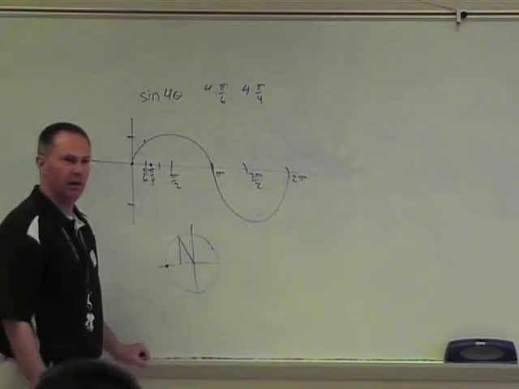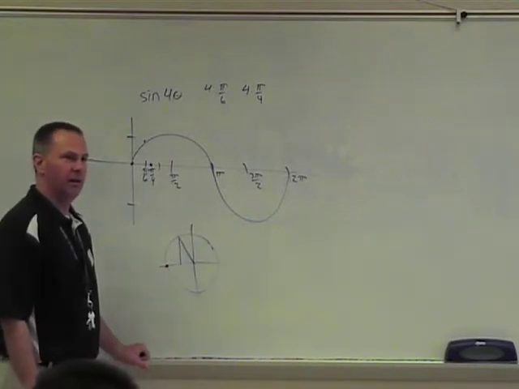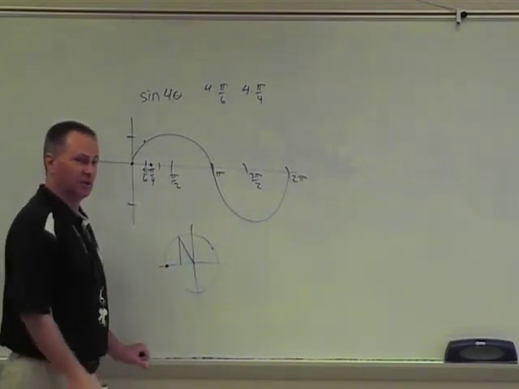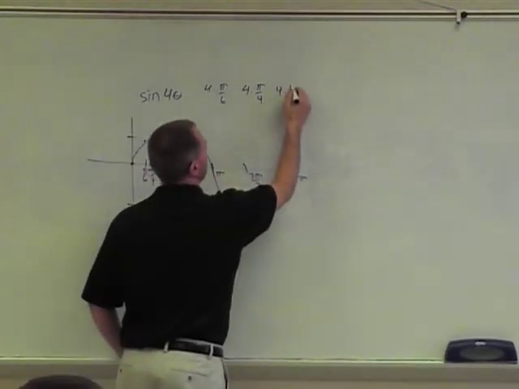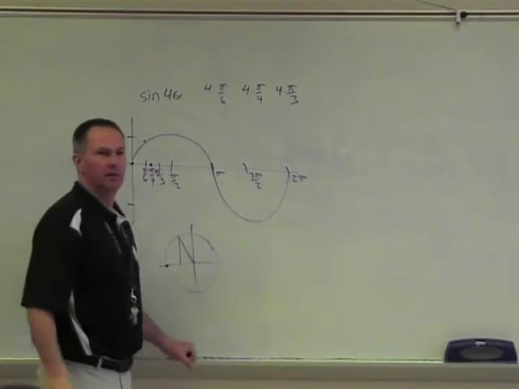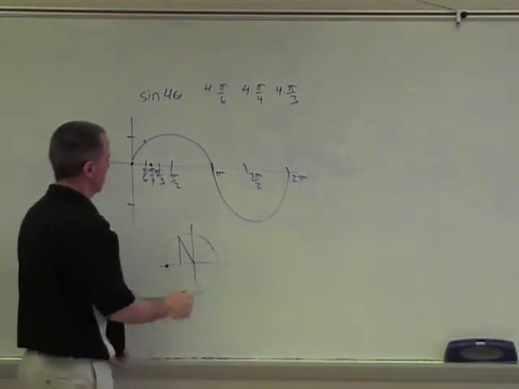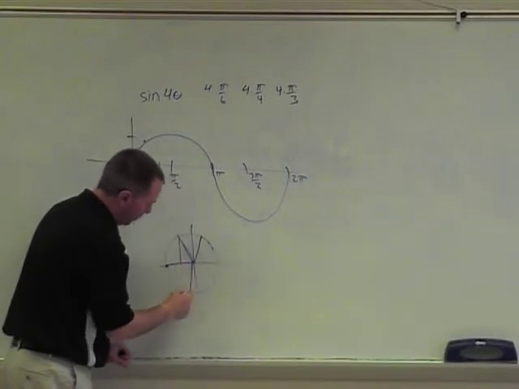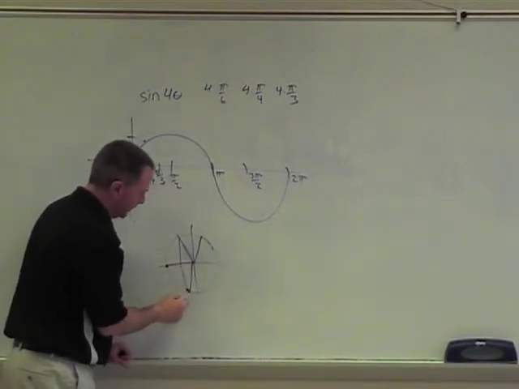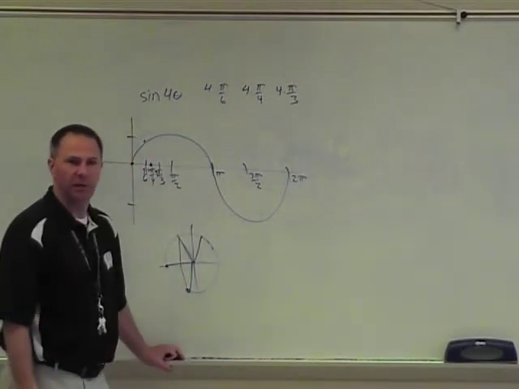Look at that. Something strange. Okay, what about pi over 3? What is 4 times pi over 3? 4 pi over 3. Well, there's 1 pi over 3, 2 pi over 3, 3 pi over 3, 4 pi over 3. What's the y value at 4 pi over 3?